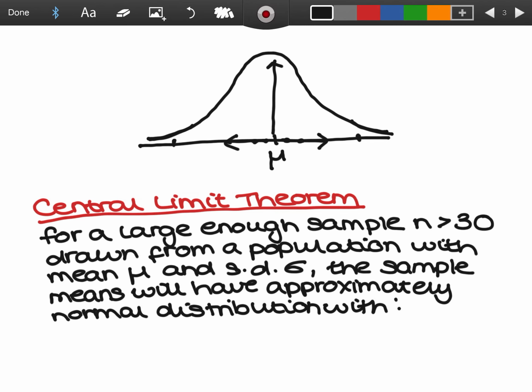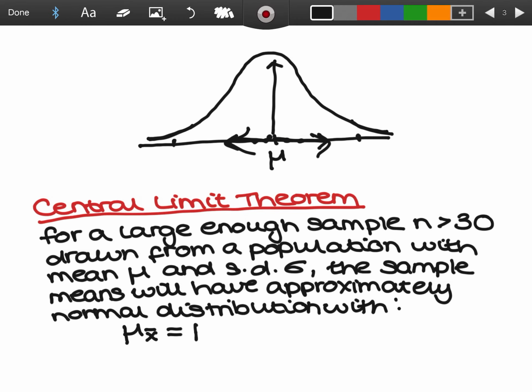And there's a couple of characteristics that we've actually talked about, but we'll specifically state them here. If I take the mean of my sample means, now I said before, you should have 50% of your sample means below that population mean and 50% above. But they will form that normal distribution around your population mean.